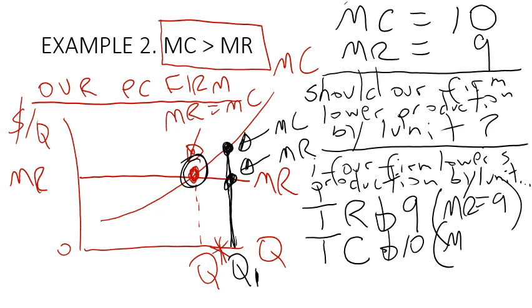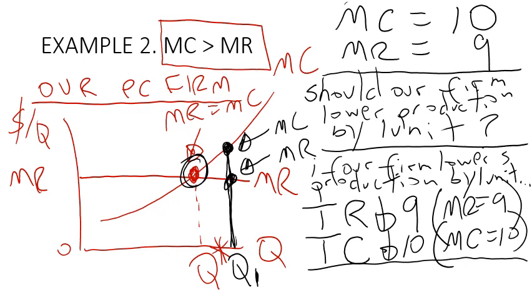Because that is the value of marginal cost. All right, so what is the net effect of lowering production by 1 unit?